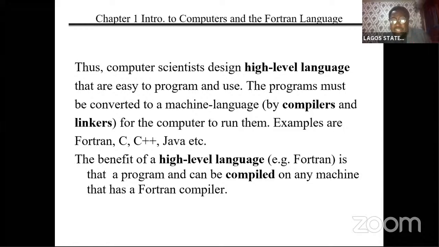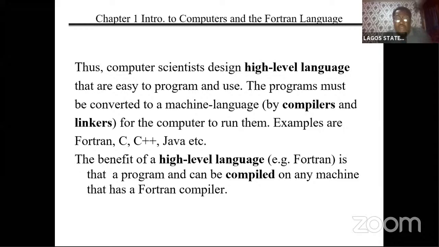It means that for you to translate a Fortran program to an assembly language, you must have what we call a compiler that can compile a Fortran program. I'll take that again. For you to convert a high-level language, for example Fortran, to a low-level language, which is a machine language understood by the machine, you have to get a compiler for that high-level language.